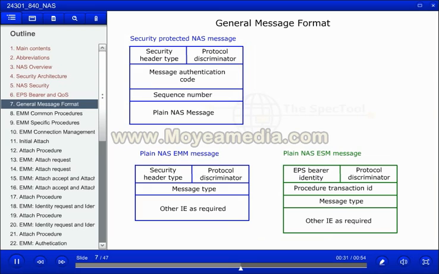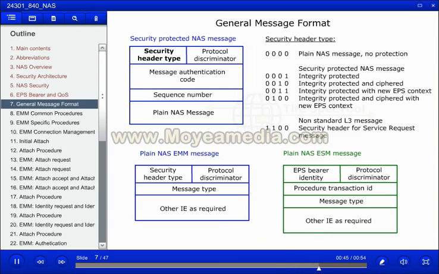The header type field will indicate if the message is integrity protected, or integrity protected and ciphered, or not protected at all. The details for this field are shown here. This field will be indicated for every specific procedure.